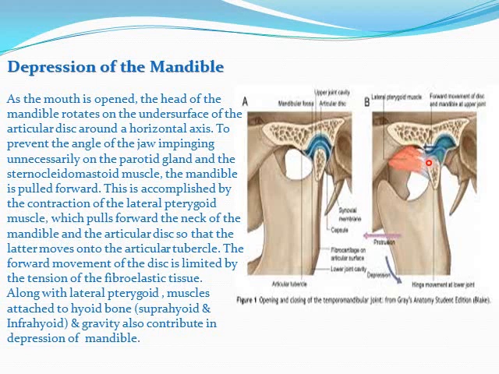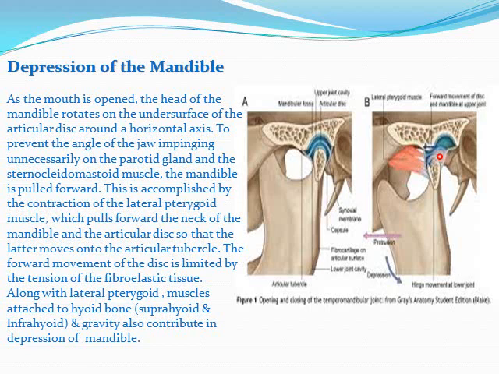This rotatory movement occurs in the inferior compartment of the joint cavity, and this is followed by the forward pull of the articular disc along with the head of the mandible by the contraction of the lateral pterygoid muscle. Now this is a very important and frequently asked question, that what is the role of the lateral pterygoid muscle in depression of the mandible.